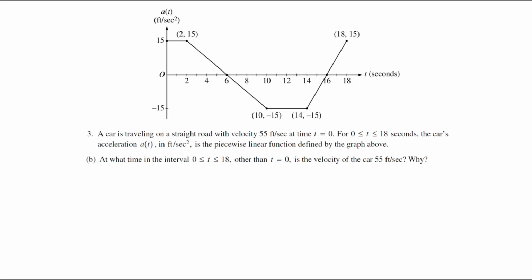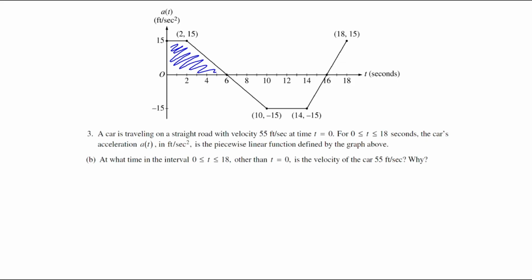So the integral of acceleration should be the change in the velocity. And so clearly on all of these intervals, when my acceleration is positive, my integral there is going to be a positive value. And therefore, that means that the velocity is increasing. So it's certainly not going to be 55 on any of those time intervals.